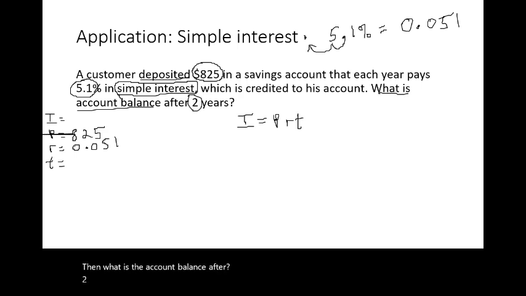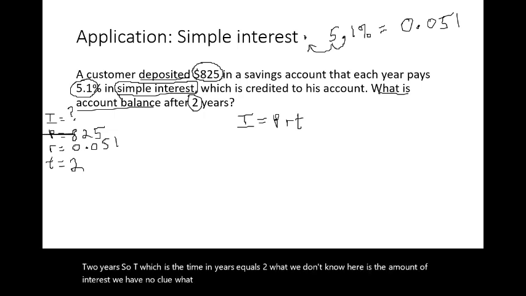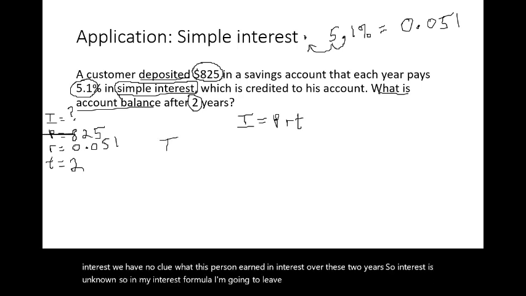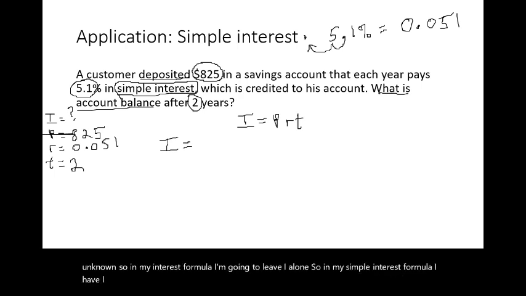Then what is the account balance after 2 years? So T, which is the time in years, equals 2. What we don't know here is the amount of interest. We have no clue what this person earned in interest over these 2 years. So interest is unknown. So in my interest formula, I'm going to leave I alone. I equals, I'm going to take 825 and plug it in for P, use parentheses.